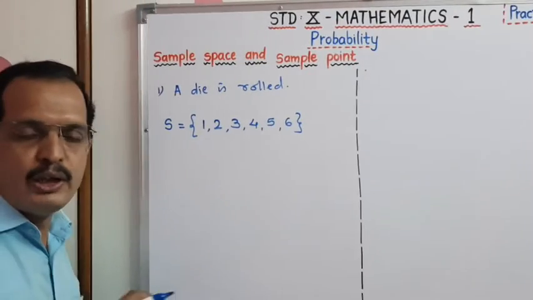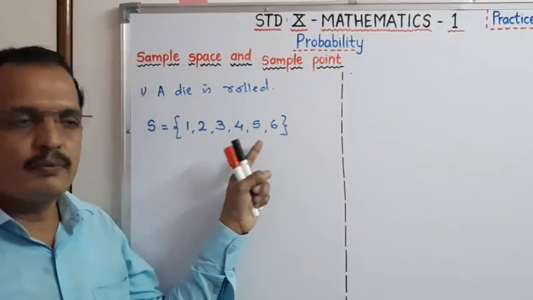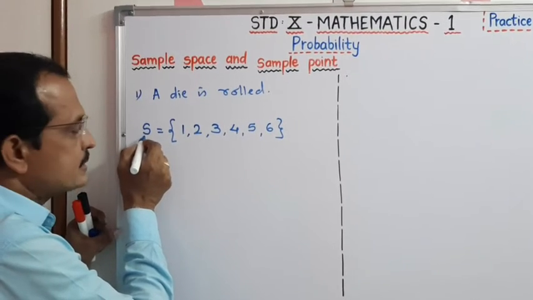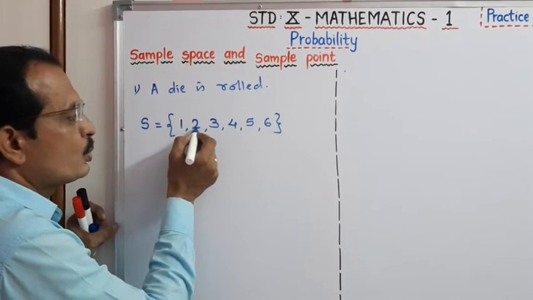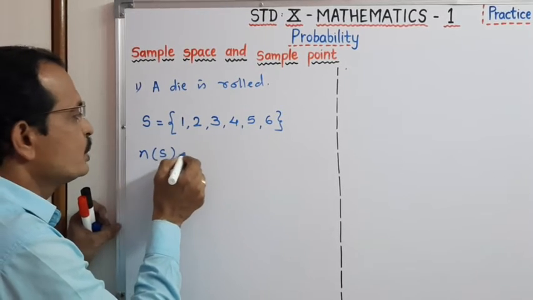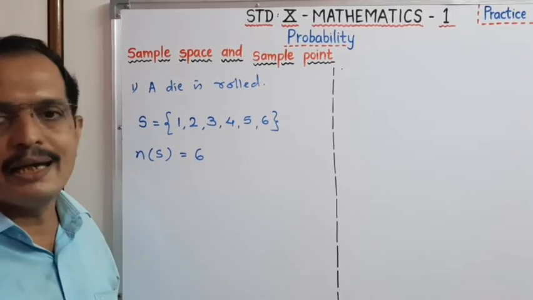There are no possibilities other than these 6. Got it? Therefore S, the sample space, is {1, 2, 3, 4, 5, 6}, and the number of sample points is 6. This is about a die being rolled.